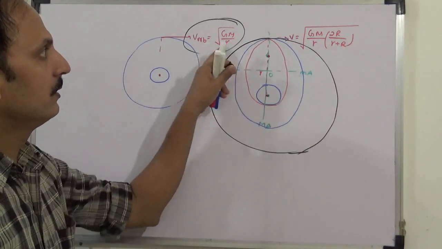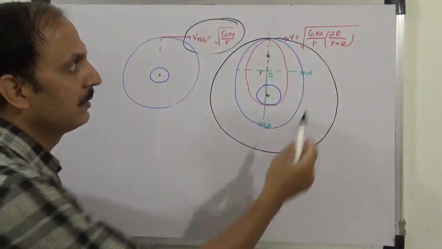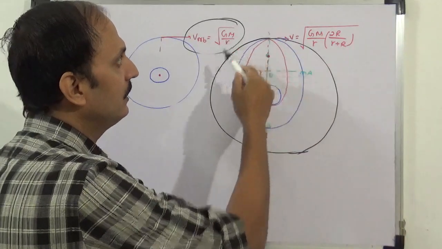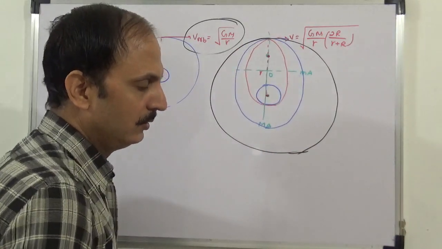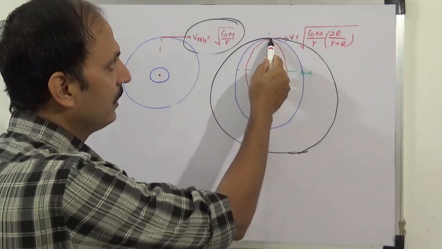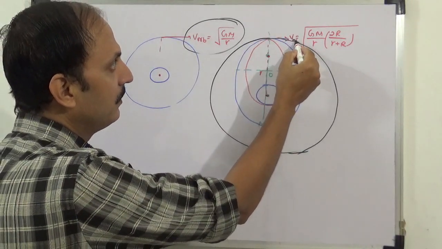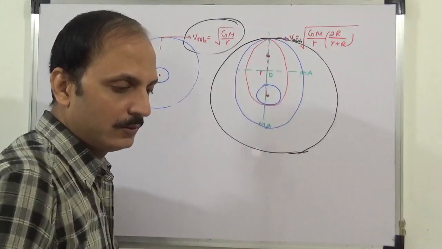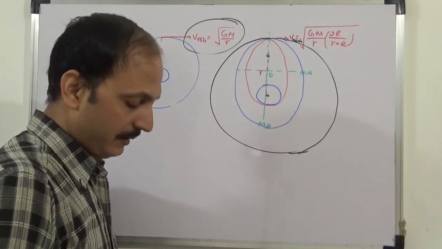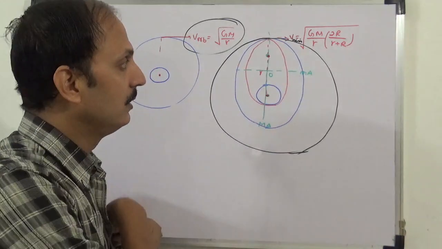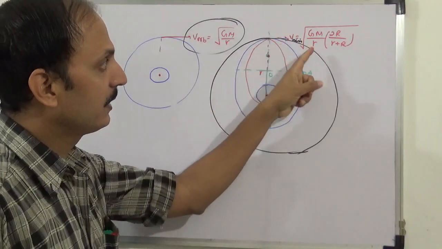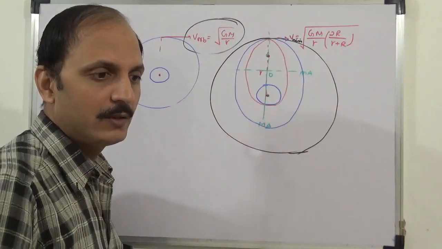If you see, this is more than this, because this value is less than this. So as you keep on increasing the velocity, v minimum, which is required for a satellite to move around the earth, is this much. If it is less than this, it will collide with the earth. Last day we have seen this.